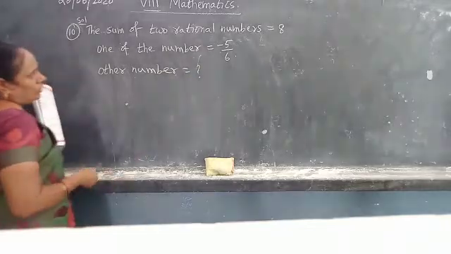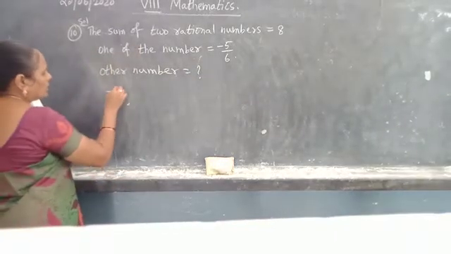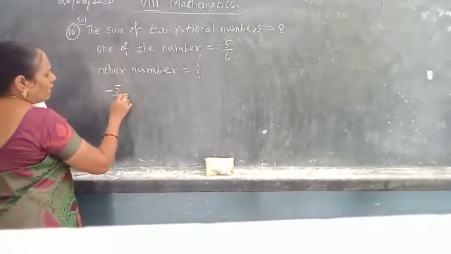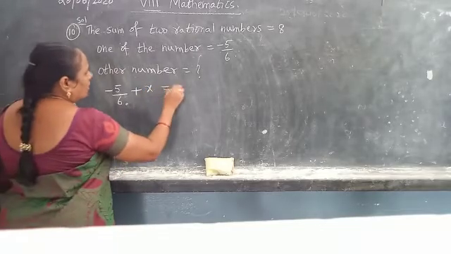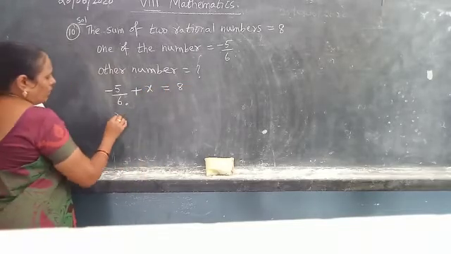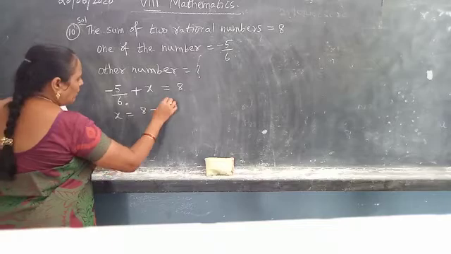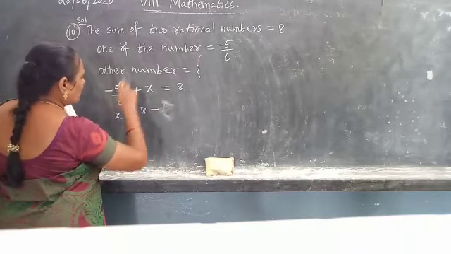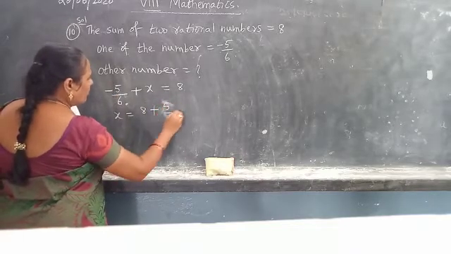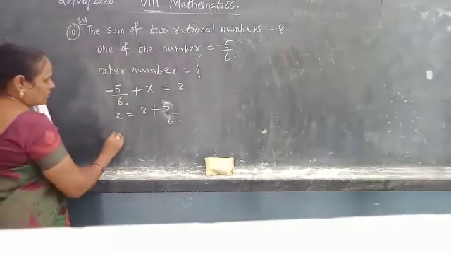So the other number is equal to what? The sum of the two numbers, that is minus 5 by 6 plus the other number, let's take it as x, is equal to 8. Therefore x equals 8 minus of minus 5 by 6, it goes to that side and becomes plus 5 by 6.